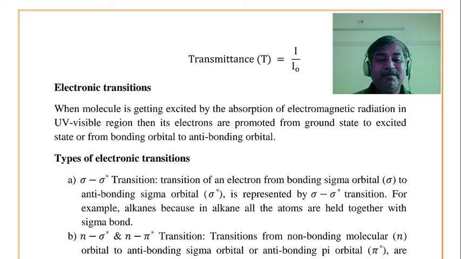Hence, whenever alkenes, dienes, trienes, tetraenes in this way, or aldehydes and ketones are exposed to ultraviolet radiation, due to the presence of different types of bonds or bonding molecular orbitals, different types of transitions are observed.